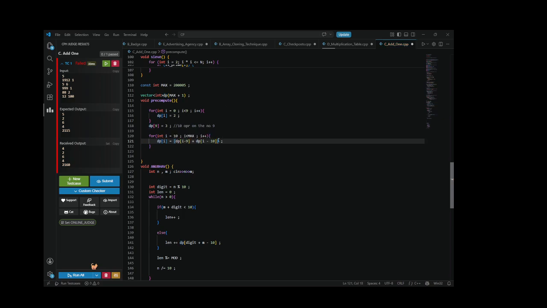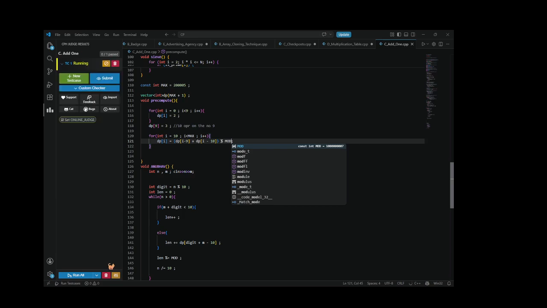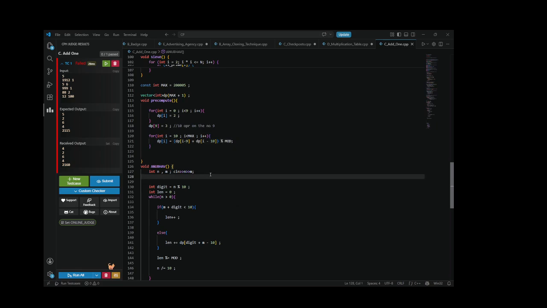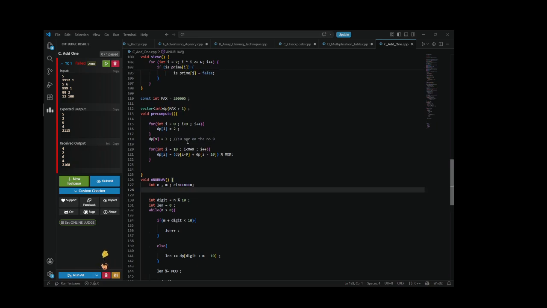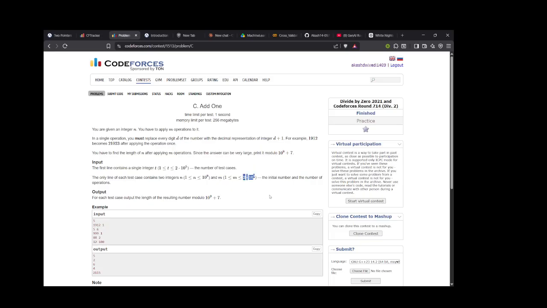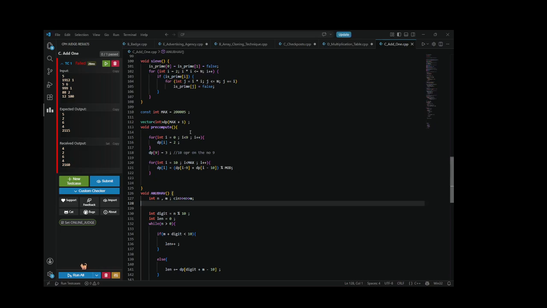Still, I am getting 5264. Sorry, there's something wrong. Something wrong. The max value is 3 power 5.